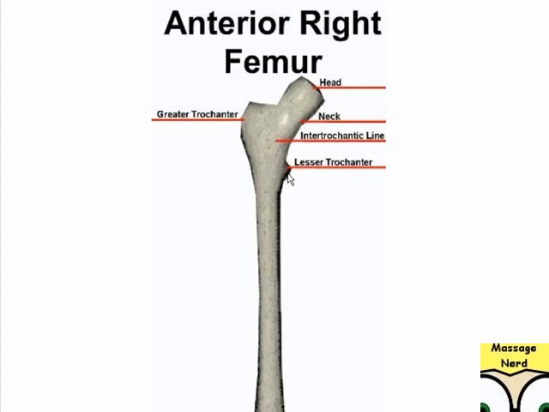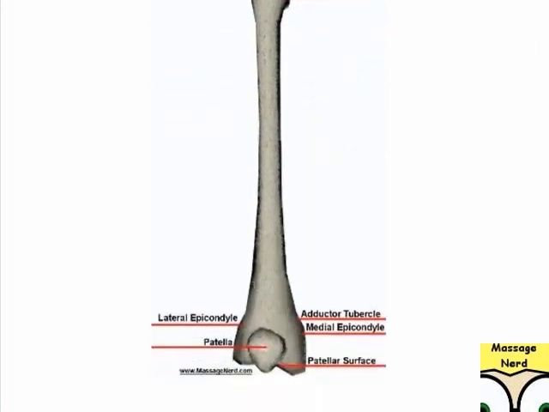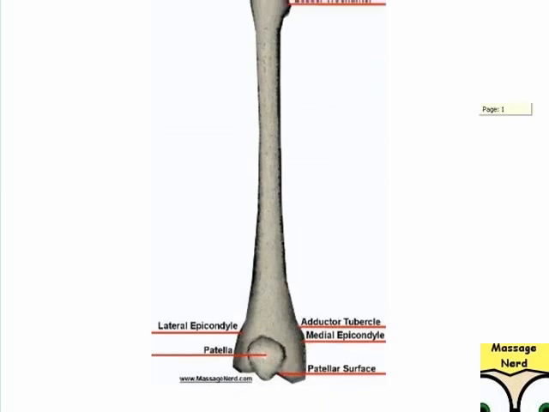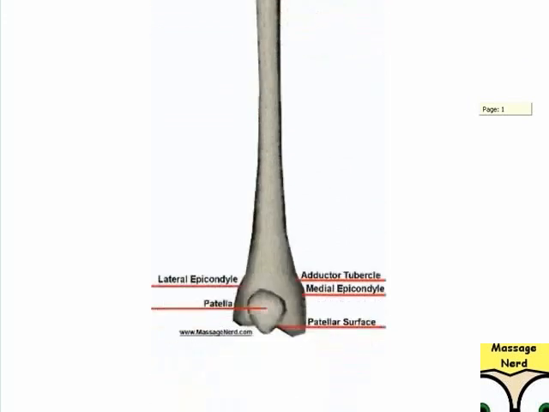Lesser trochanter, lateral epicondyle, patella, patellar surface, adductor tubercle, and medial epicondyle. Now I'll give you some time. You can practice on your own.